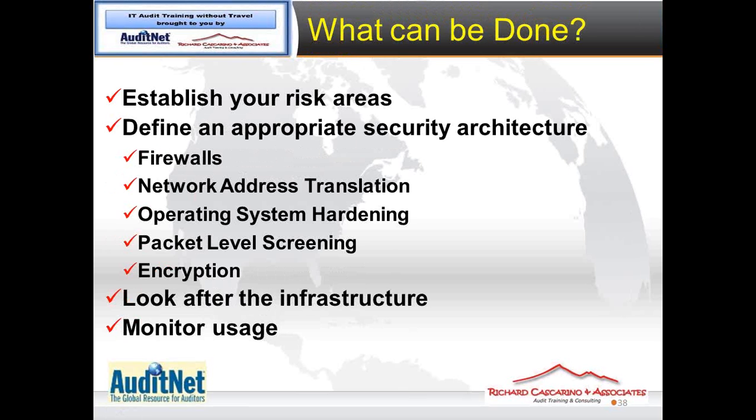Now, part of it is going to be using your firewalls. Part of it could be using network address translation. In other words, when you go out onto the internet, your address doesn't go out there.